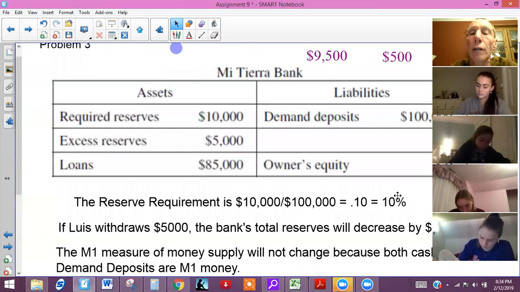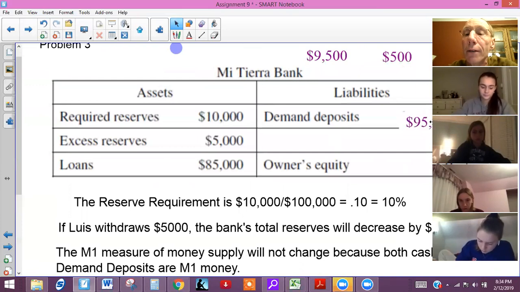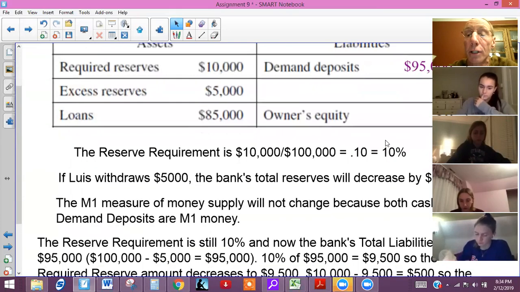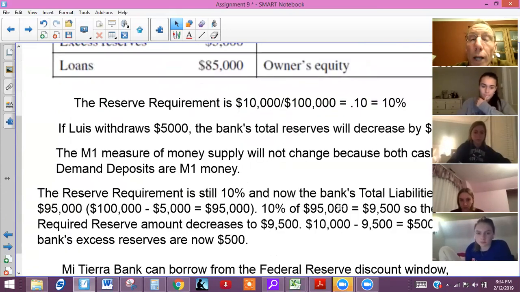It's not part of their liabilities because Lewis has it. So now their total liabilities go down to 95,000, because they're not liable for that 5,000 anymore, because once again, it's in Lewis's pocket.